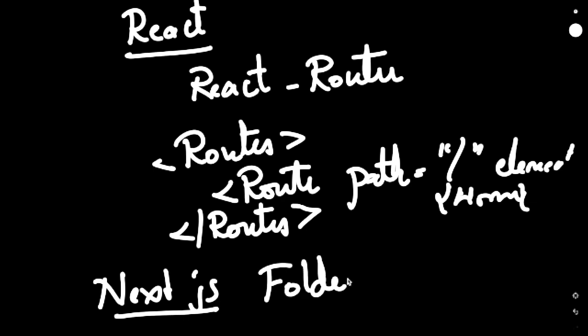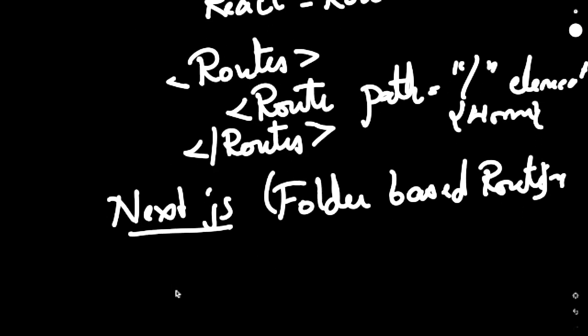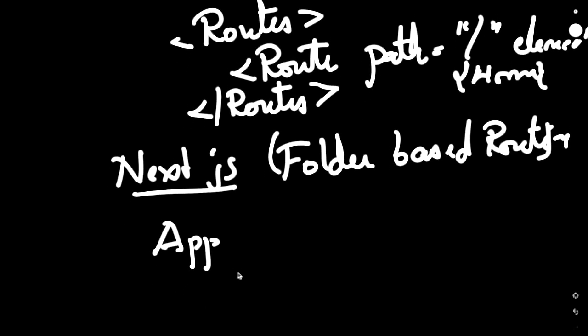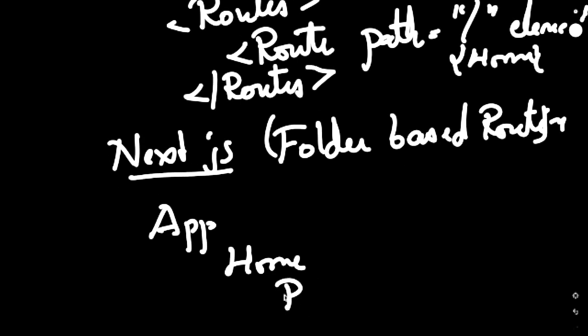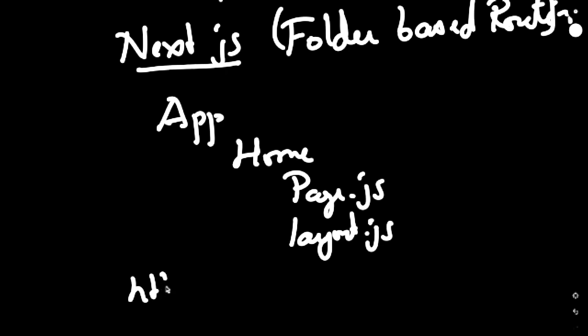Whereas Next.js followed folder-based routing, that is, the routing is done based on the folder structure that you develop. For example, in Next.js, if you have a home folder inside the app folder and you define the functionality in page.js and the layout in layout.js, you could access this page using localhost 3000/home.